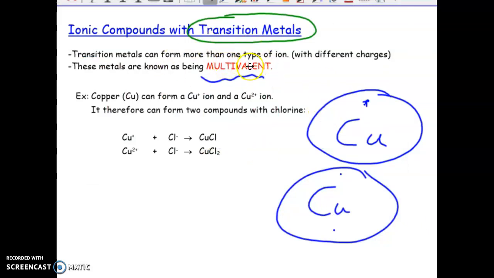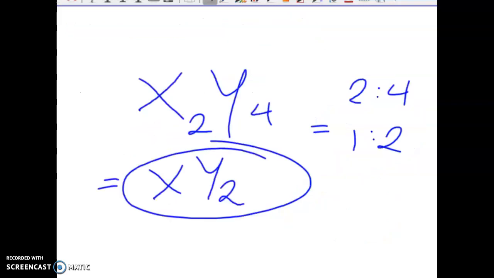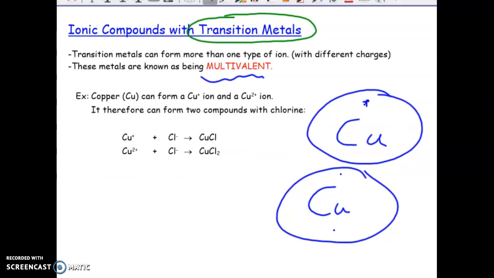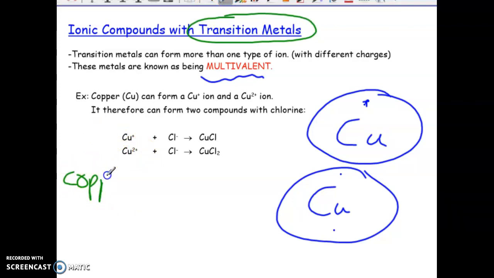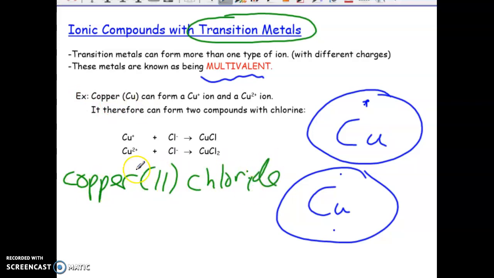Okay, so multivalent metals. You have to make sure you're using the correct charge when you're doing the crisscross rule. How are you going to know which one you're using? Well, usually the name will tell you. The Roman numeral will indicate which charge you're using for the crisscross.